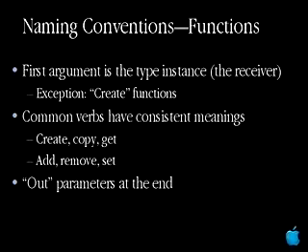Now, there's one important exception to that, and that's creators, and we'll get to those in a minute. We use common verbs to have common meanings throughout the API, so that CFArrayAdd is going to work the same way as CFDictionaryAdd. Finally, when we are passing information back to you, we will always put those out parameters, the ones that are going to be passed by reference, at the very end.